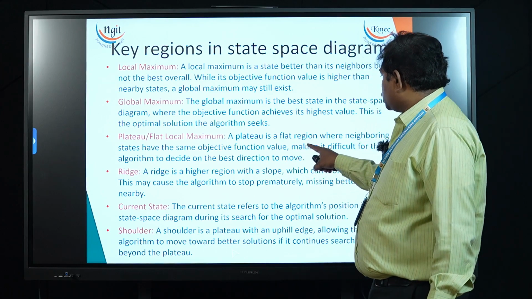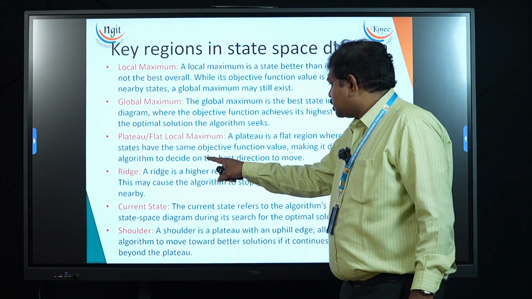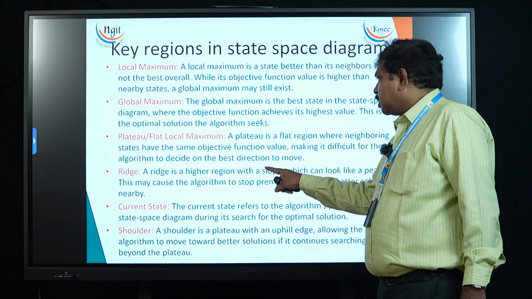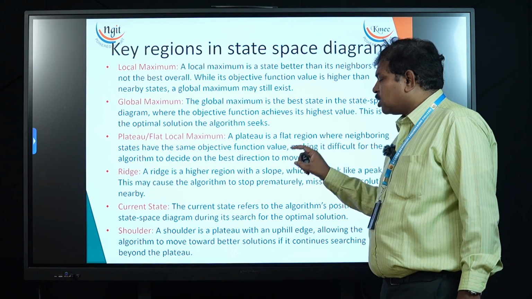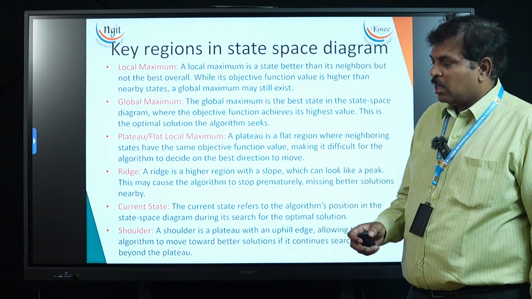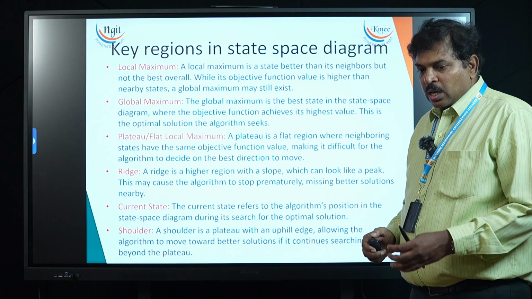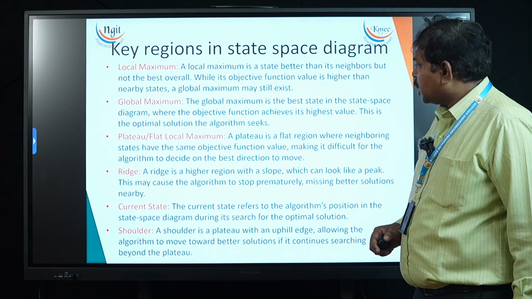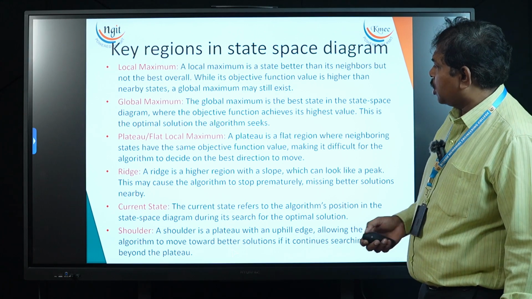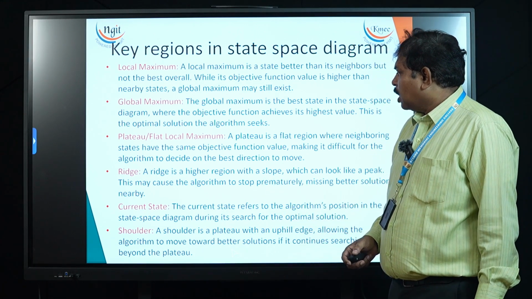A plateau is a region where neighboring states have the same objective function value, making it difficult for the algorithm to decide on the best direction to move. Sometimes states have similar heuristic values, and we get confused about which state to choose. That problem we call a flat local maximum.